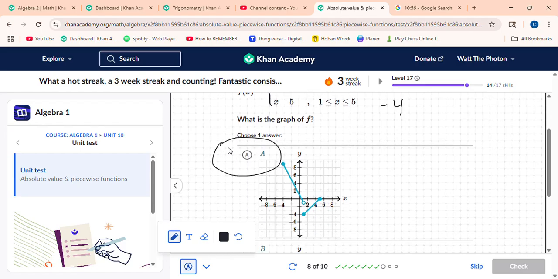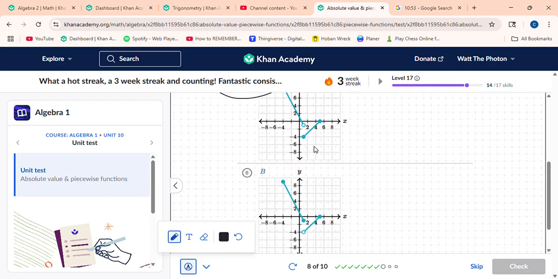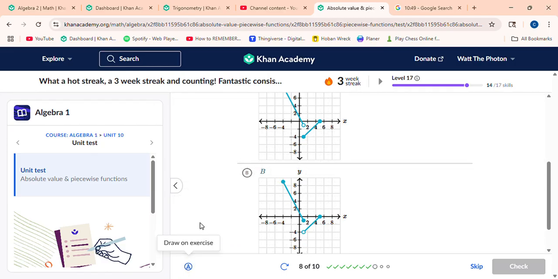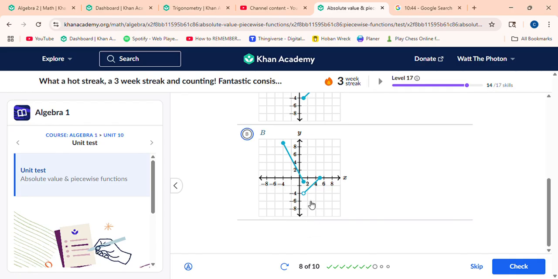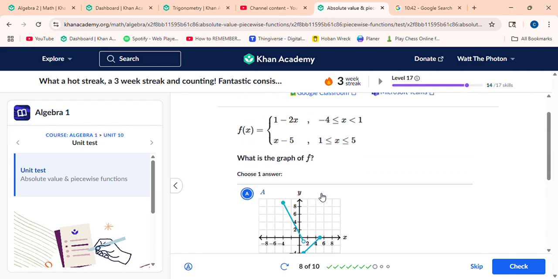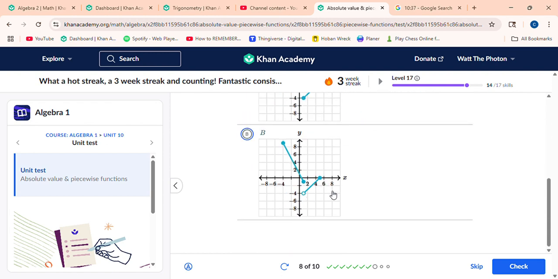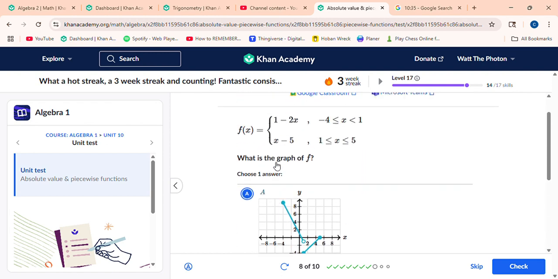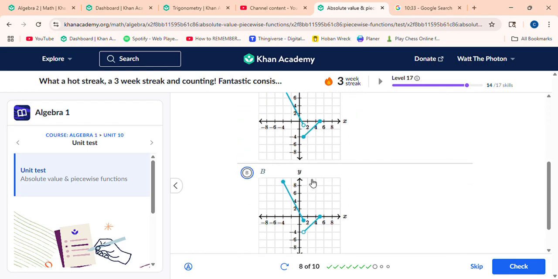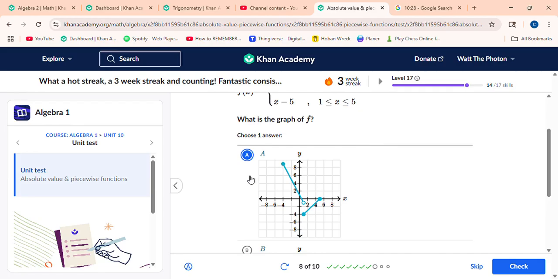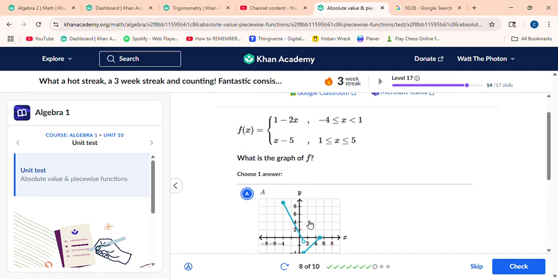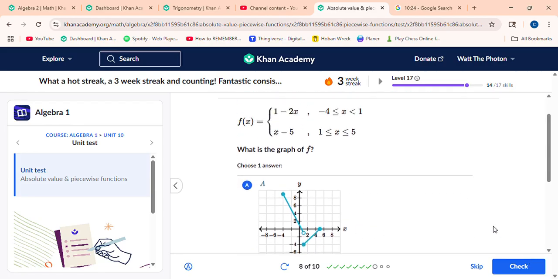So it should be A. B from 1 to 5. Here to 1, 1 to 5. That makes sense to me.